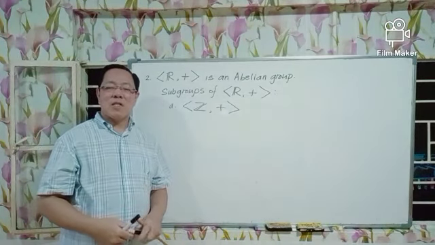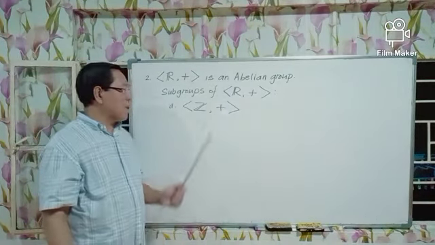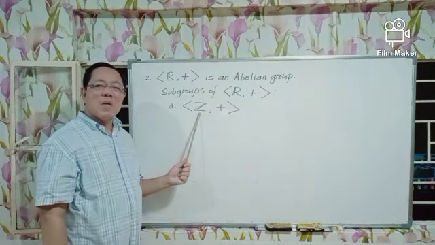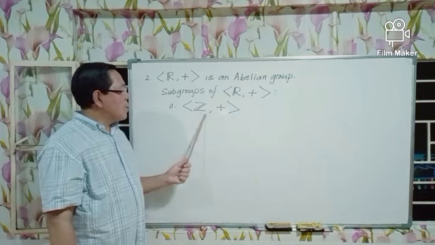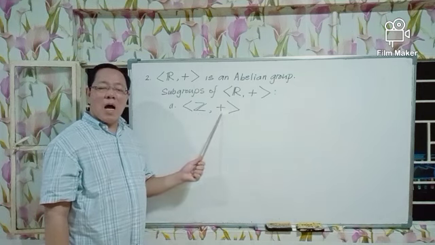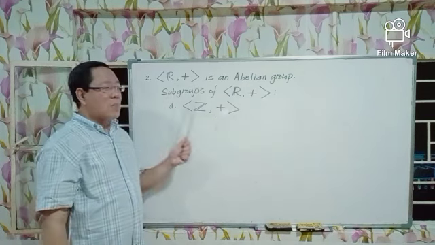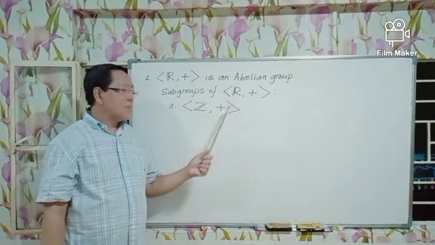The set of integers is a subset of the set of real numbers because every integer is a real number. And under the binary operation addition, the set of integers is a subgroup of the set of real numbers.